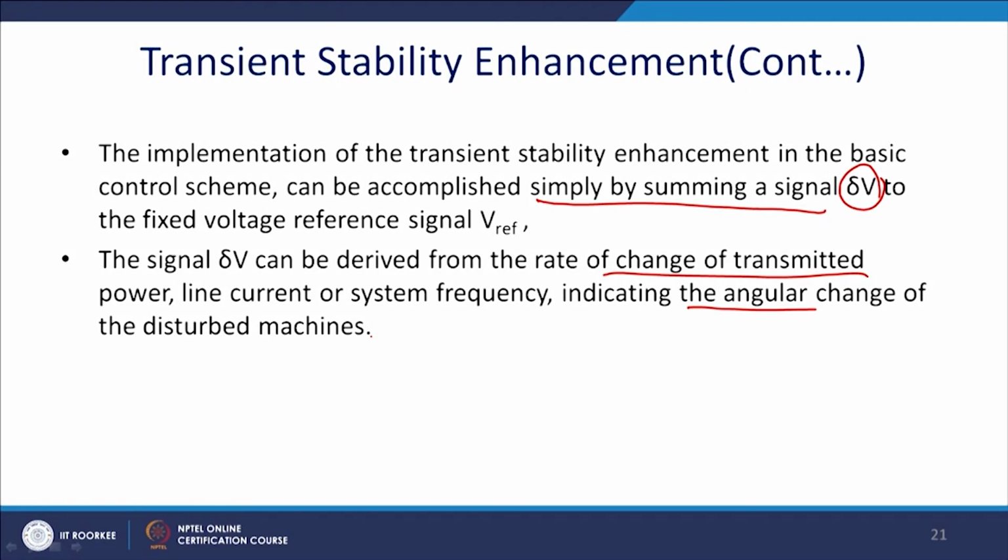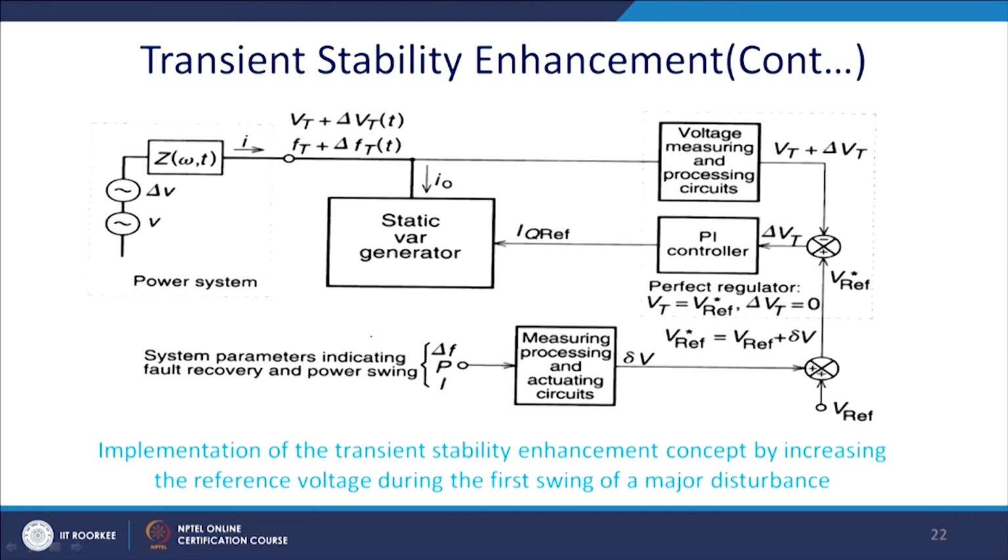Let us see how it works. So, power system with fault, so del V has been increased. This is basically the change of frequency and the change of voltage. Ultimately it will be sinking the current I0, and for this instance del V has been increased.